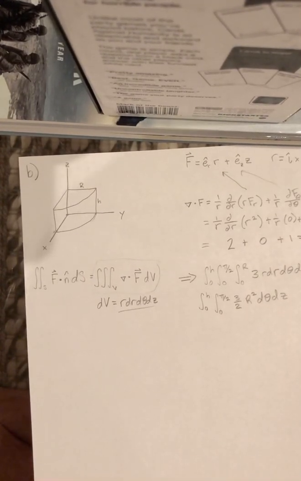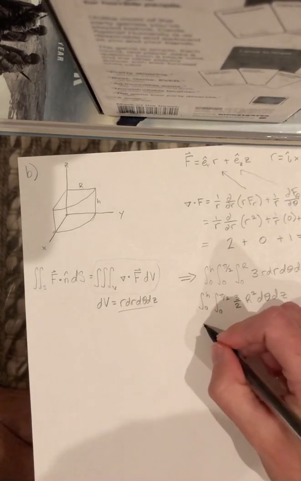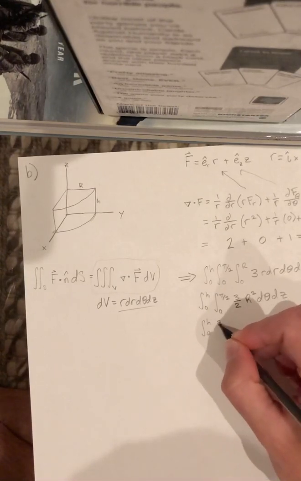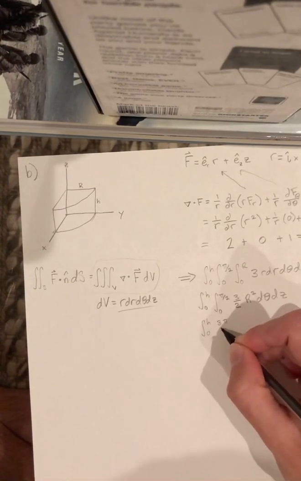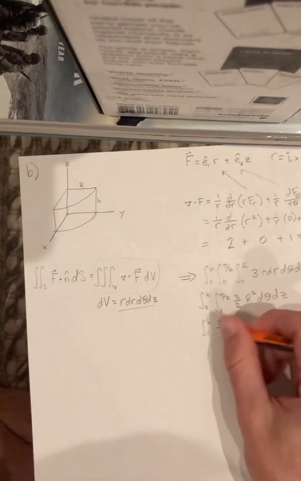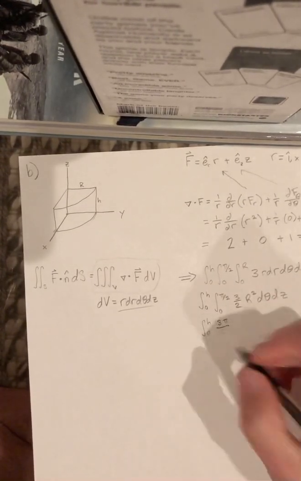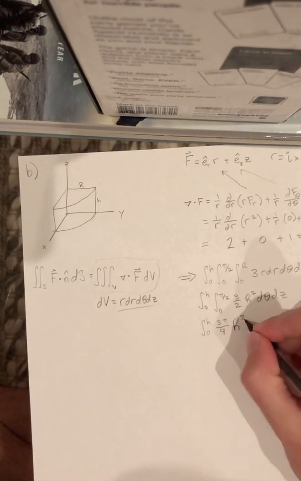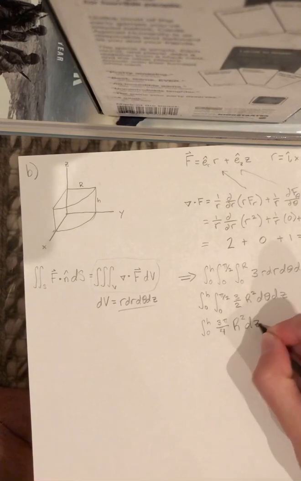And then we're going to be looking at 0 to h of 3 pi over 4 r squared dz.